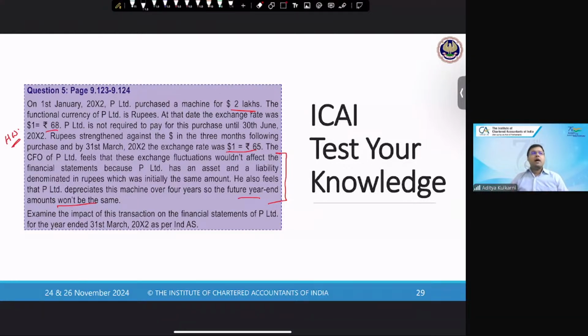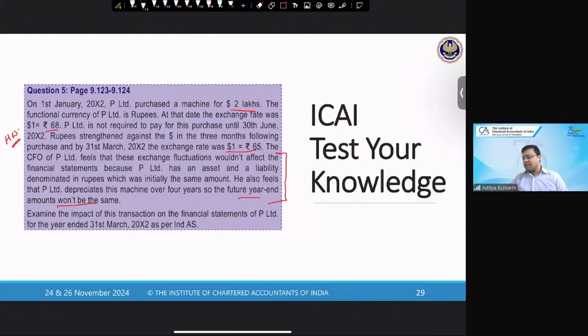Additionally, if you are unable to decide based on the primary factors, then you have certain secondary indicators also, like in what currency you are retaining the funds from operations, or in what currency you are having your financing.